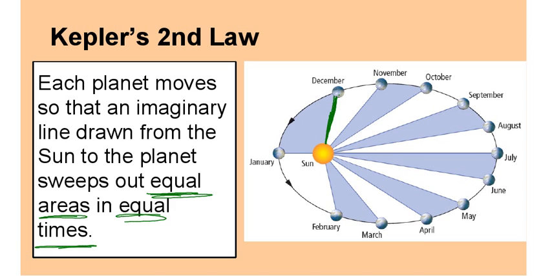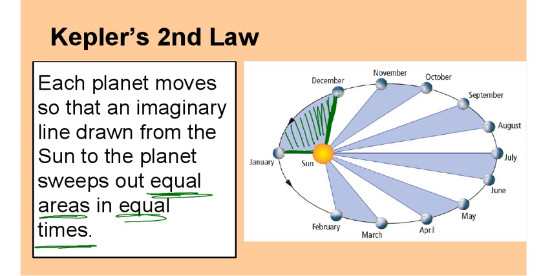But this would work for anything going around the sun or around any planet, the moon going around the Earth or International Space Station or whatever. If I draw a line at one time and at another time, then I could shade all this region in between those two lines.